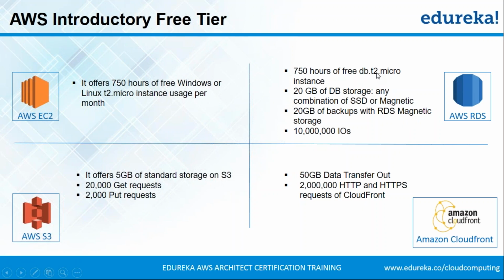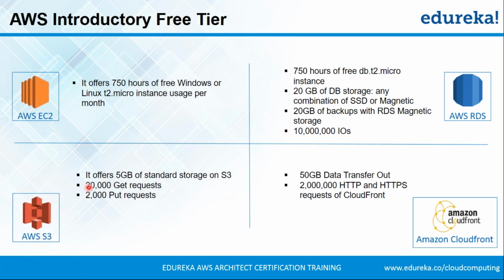Let's come on to our third service, which is AWS S3. So AWS S3 offers you 5 GB of standard storage on S3. So it means you can save up to 5 GB on S3 for the first 1 year for free. All right. You also get 20,000 GET requests and 2,000 PUT requests.